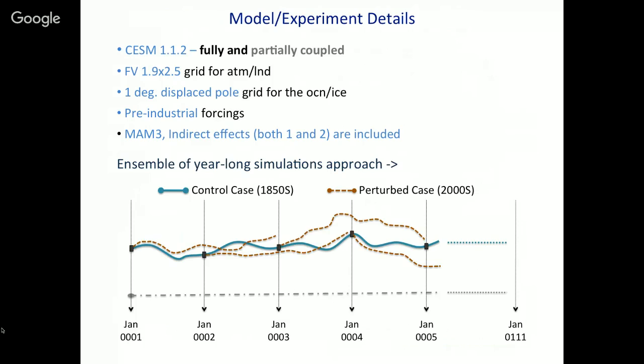For the perturbed case, every January from this control, I pick an initial condition and start another run. But in this case, I've changed the emissions of sulfates from the pre-industrial level to the 2000 level. And I run it not just for 1 year, but for 2 years. So if I take the difference between the brown line and the blue line on an ensemble mean, it can give you the first 2 years of response to sulfate aerosols.